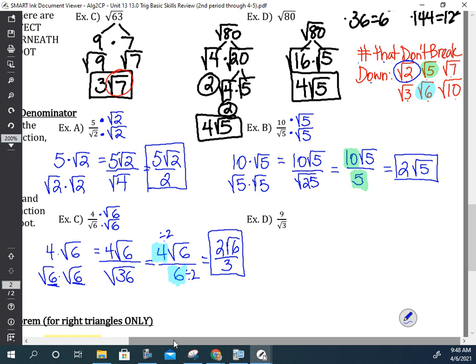And so far, most of what we're working with are basic numbers. Any questions? So we scroll to part D. All right, so for part D, 9 over the square root of 3. Multiply the top and the bottom by the square root of 3.